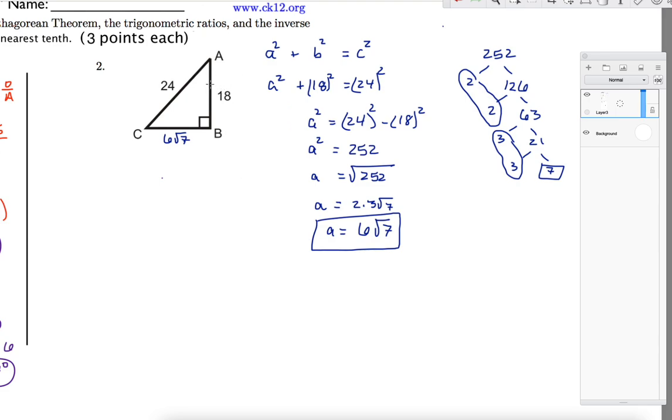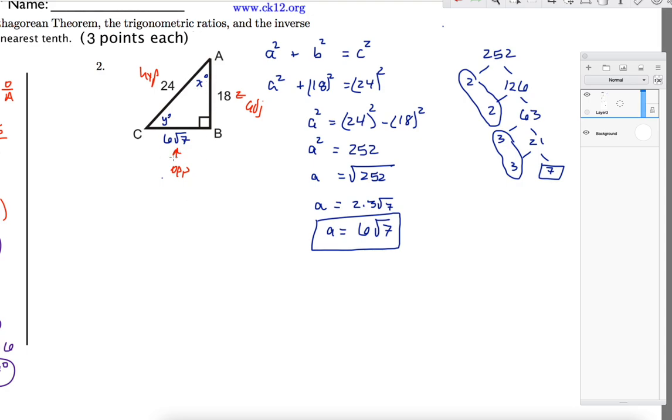We can call this one angle x, and angle y if we wanted. And let's get angle x first. For angle x, this is the opposite leg, and this is the adjacent, and this is the hypotenuse right here.